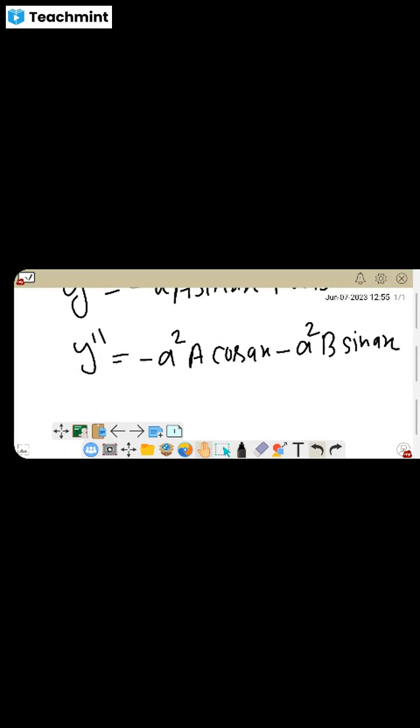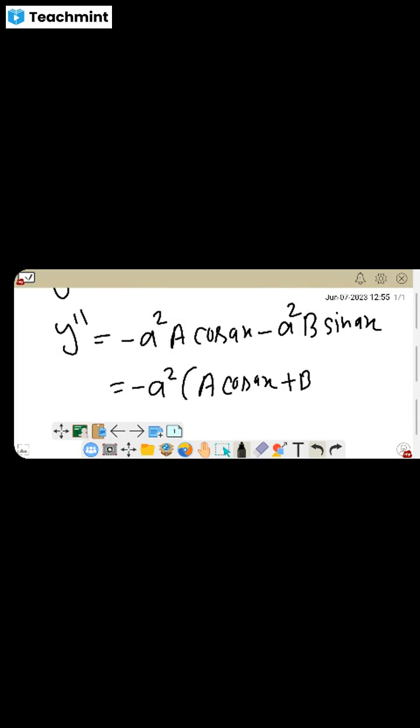Now here we'll take minus a square as common, then we have a cos ax plus b sin ax.